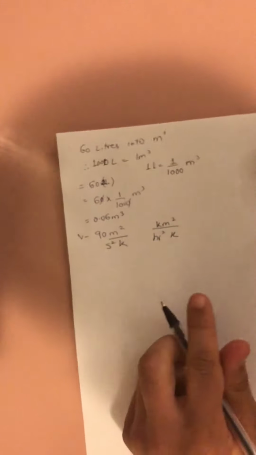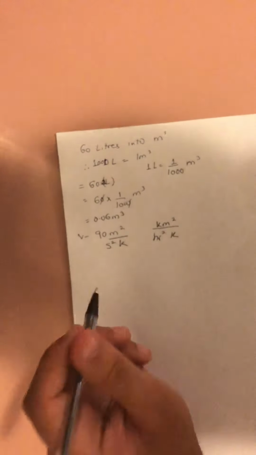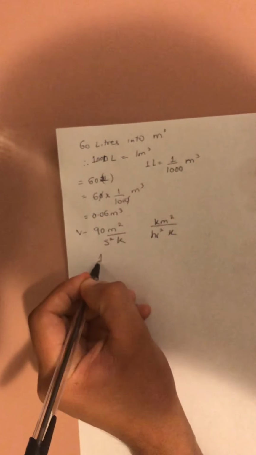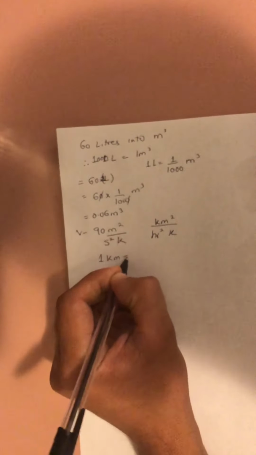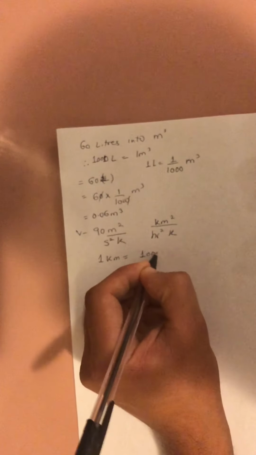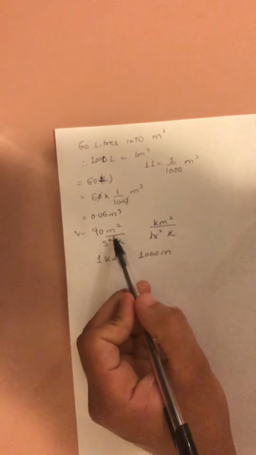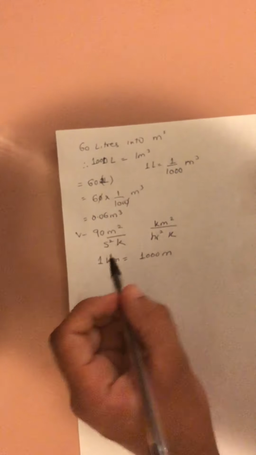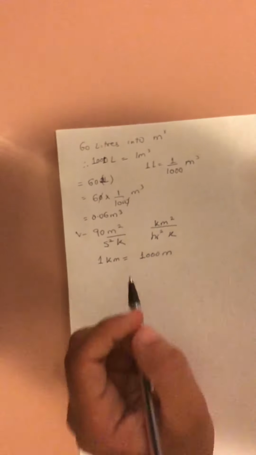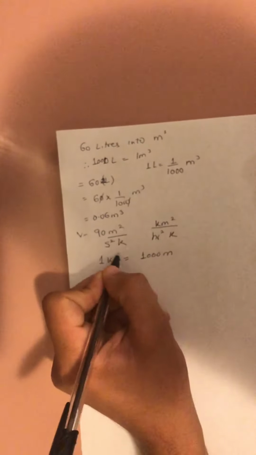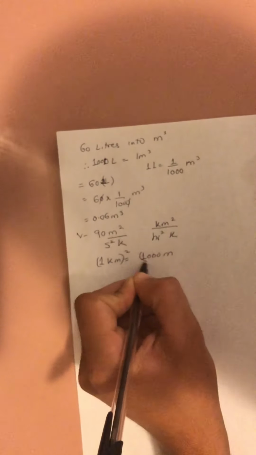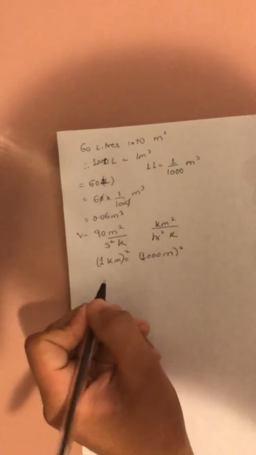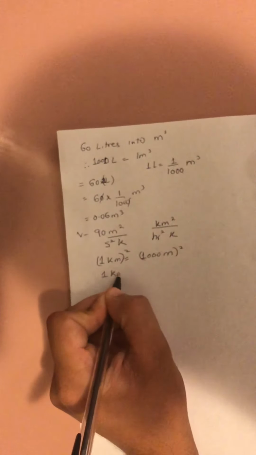Okay, again, go to the basics. The basics is 1 kilometer is equal to 1000 meters. We don't have any unit conversion between meter square and kilometer square, but we will do it now. So if you take square on both sides, okay, so 1 kilometer square.